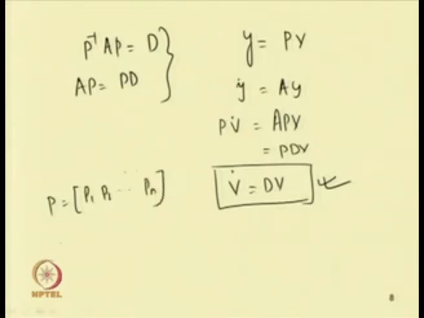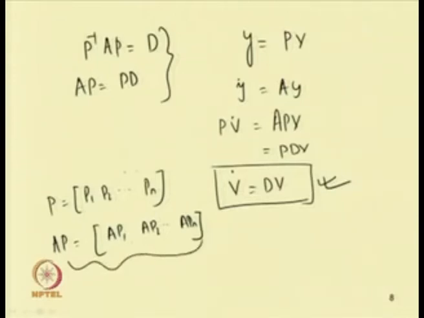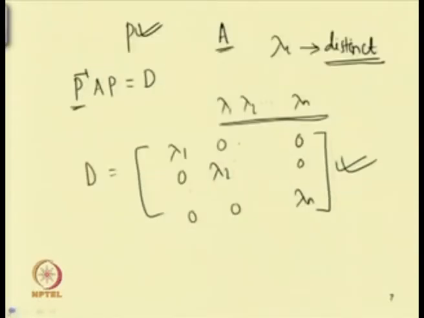So, A P can be written as A P 1, A P 2, A P n. Already we have shown that A P will be equal to P D, where D is the diagonal matrix lambda 1, 0, lambda 2, and so on. The diagonal terms contain all the eigenvalues.